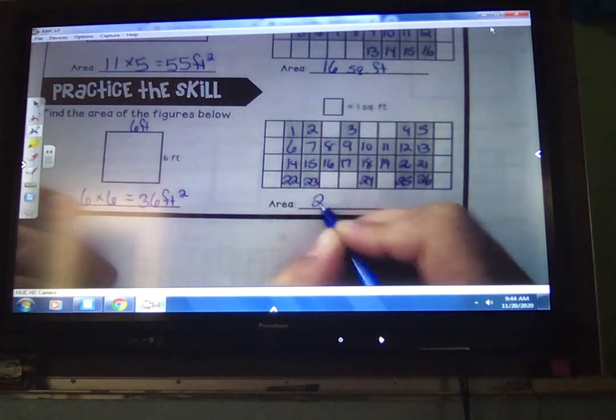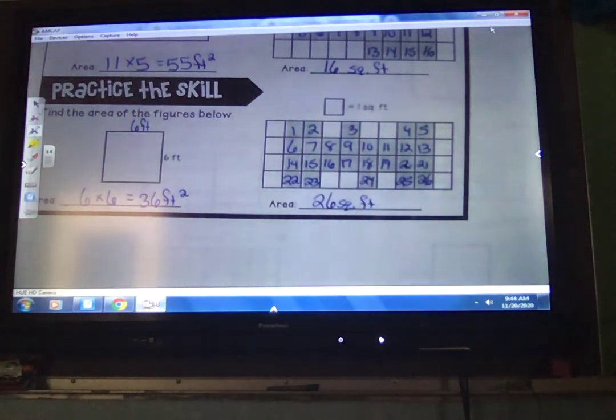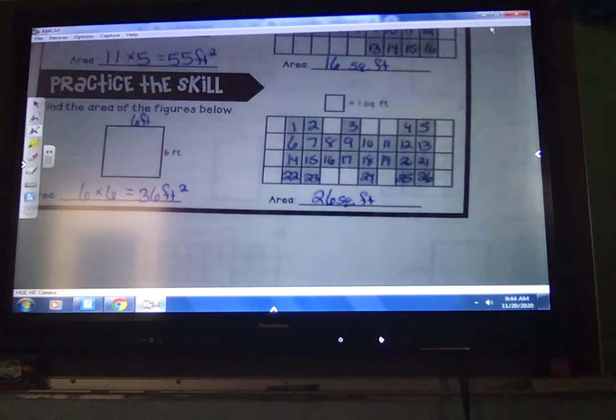It took 26 square feet to fill in that shape. So once again, perimeter, you're adding all your sides, walking around the outside. Area, you're filling in the inside, and you're multiplying length times width or counting your squares.